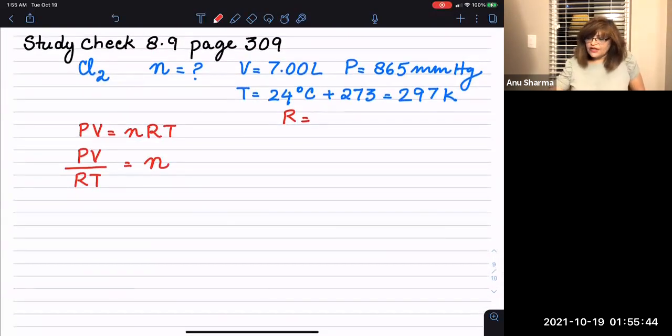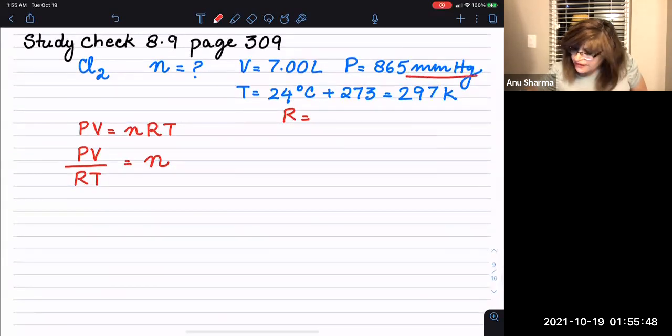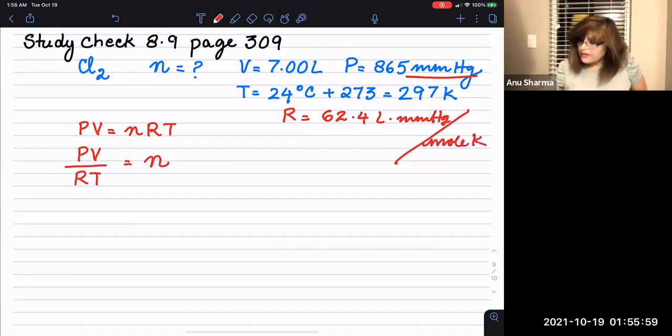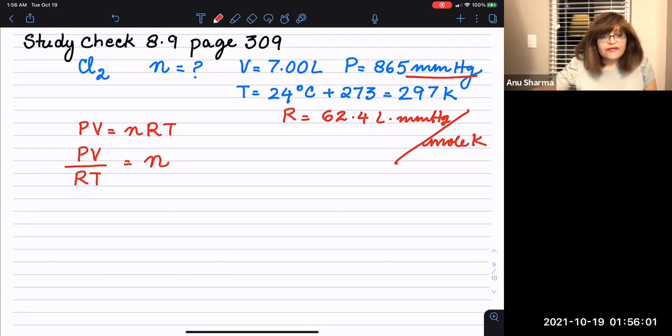Anyway, here we have the value of R. Because the pressure is given in millimeters of mercury, we are going to use 62.4 liters times millimeters of mercury per mole K. These values are important.